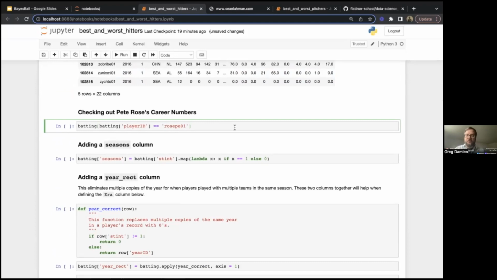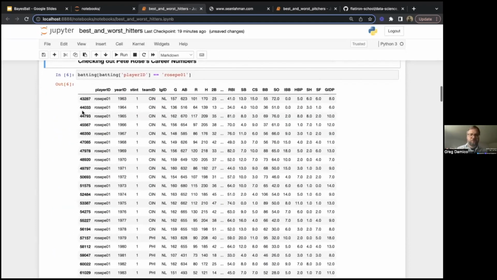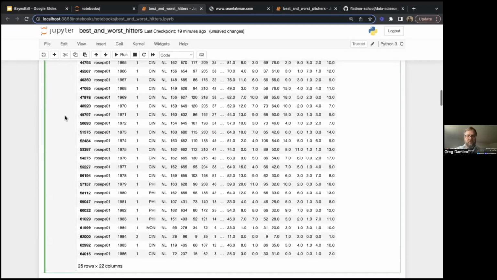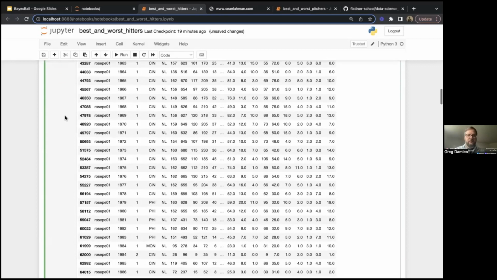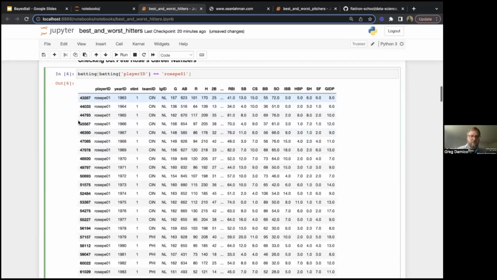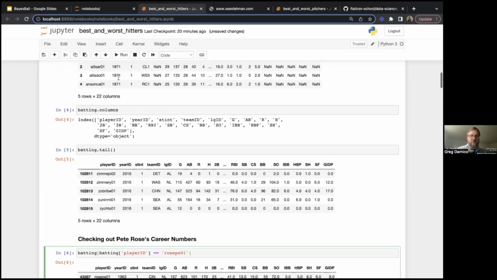Just checking out a player at random here, I happen to know that Pete Rose's player ID is rosepe01. So I can just grab that. Notice the indexing on the side here. This shows us that these rows do not appear consecutively in the data as it stands, because the data proceeds chronologically.